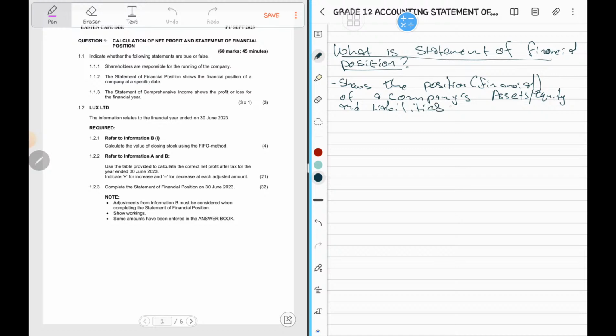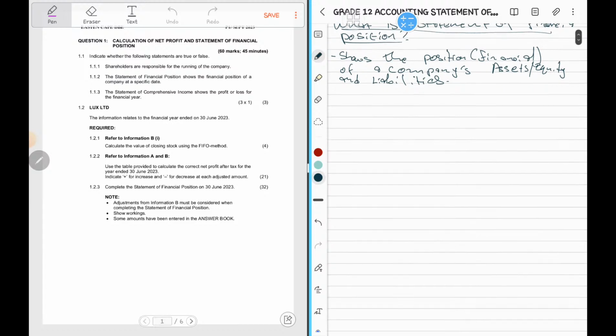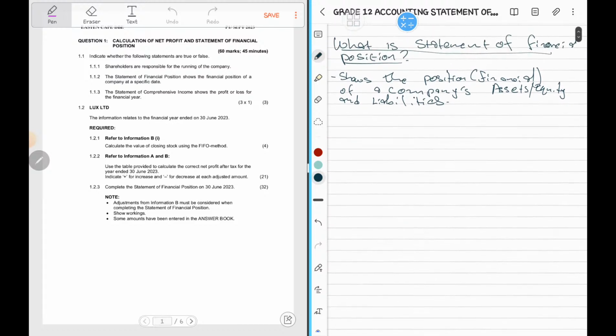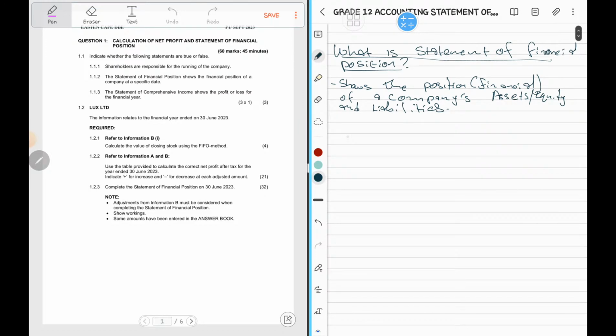In terms of assets, we have two types: the non-current assets and the current assets. And liabilities, we also have the non-current liabilities and the current liabilities. These are the short notes that I want us to do.